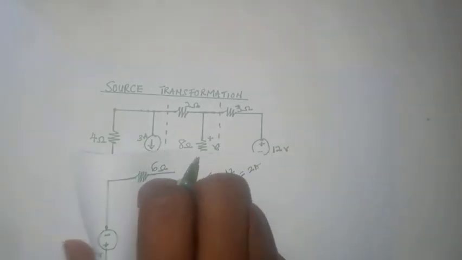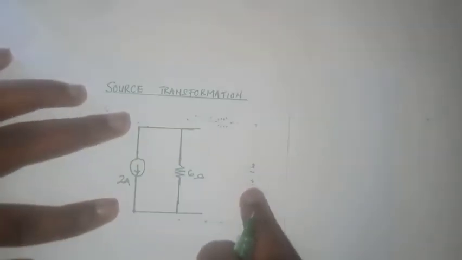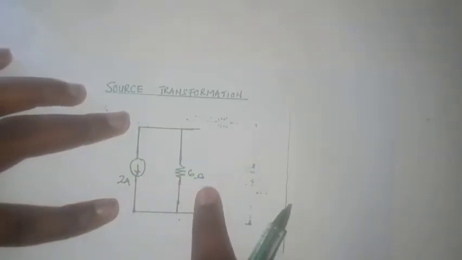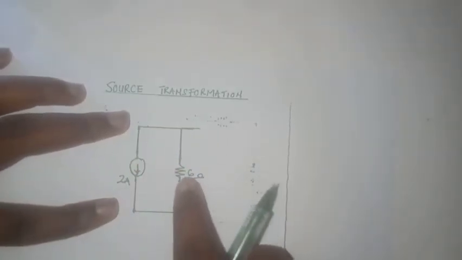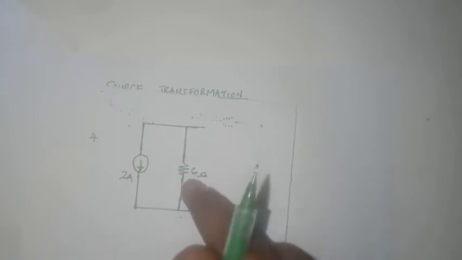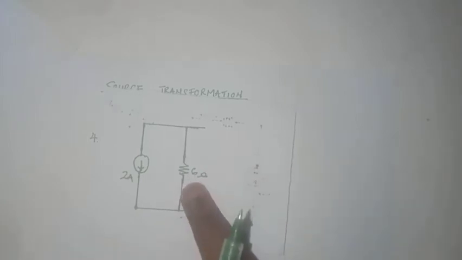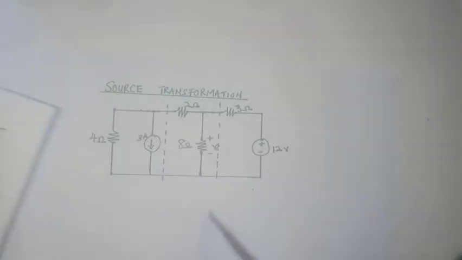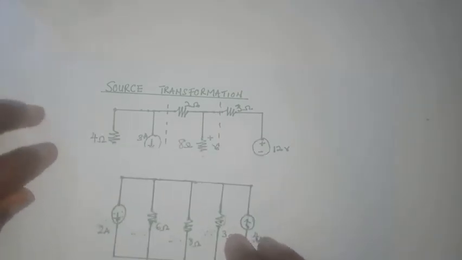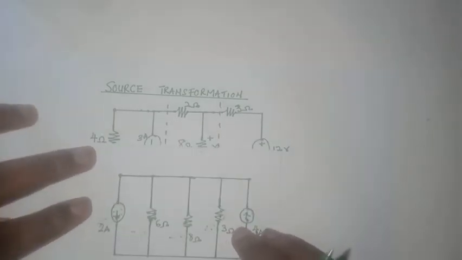And then we would have something like this: 2 amperes in parallel with the 6 ohm resistor. Then we can proceed to attach this back to where we removed it from, and by doing so, we would have a circuit that looks like this.